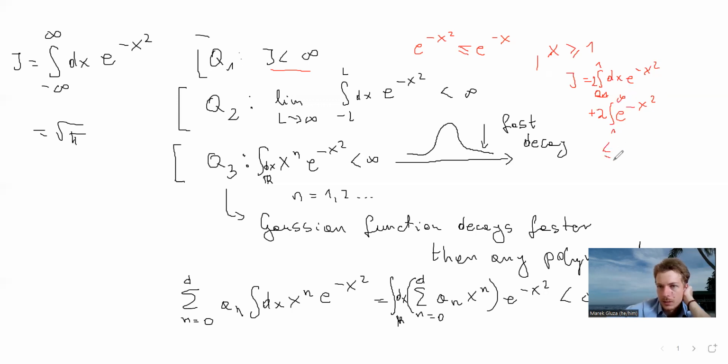And here we can substitute bounds, saying that e to minus x squared is smaller or equal than 1. So I get smaller than 2 plus 2 times the integral from 1 until infinity of e to minus x dx. So this is smaller than infinity. So that's one thing.